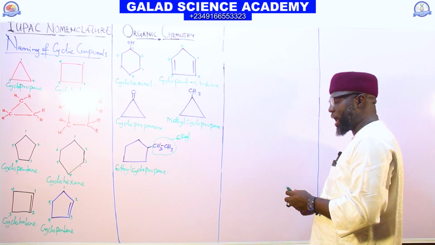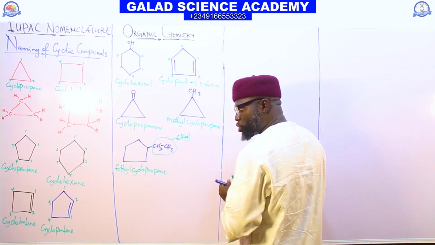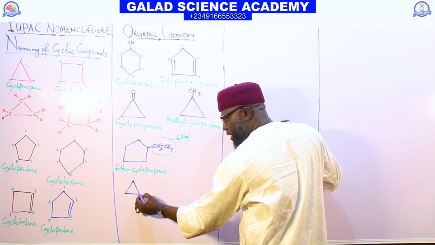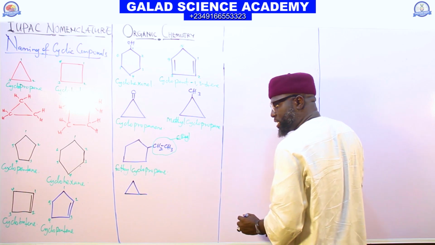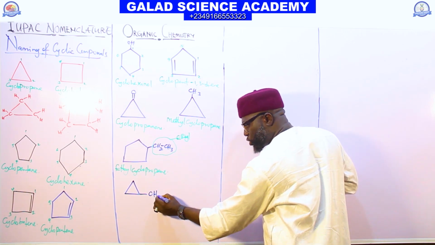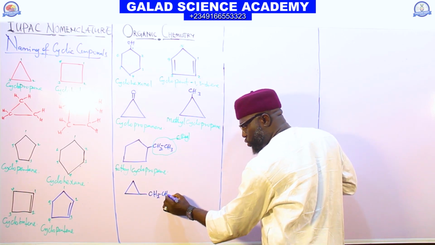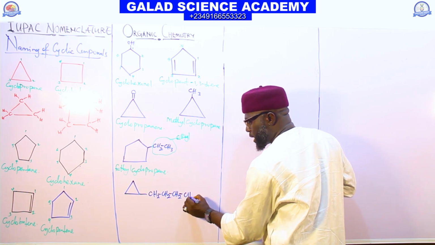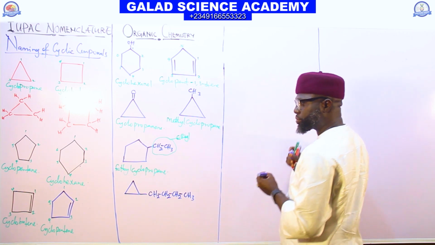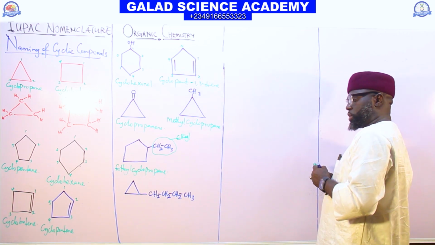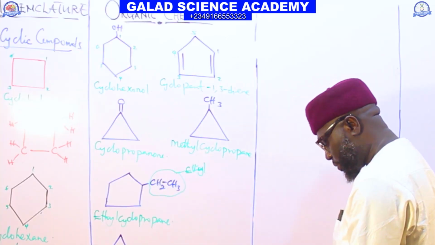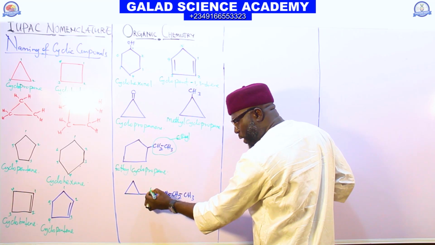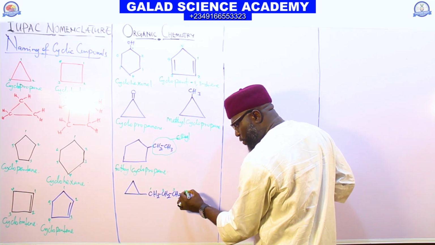Now, assume we have a structure of this cyclopropane attached to a compound of C2, C2, C2, CH3. Look at this one. The number of the side chain we have here: 1, 2, 3, 4.